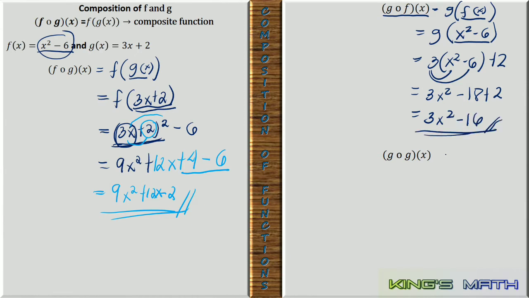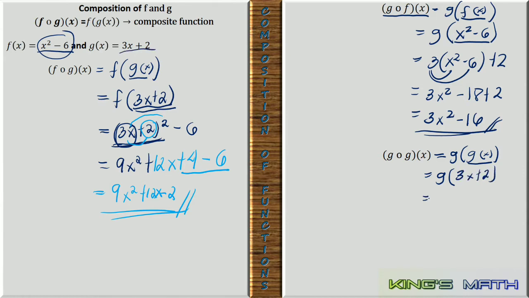Okay, next, we have here g circle g of x, wherein we're going to substitute the function to itself. First, we're going to rewrite this one as g of g of x. And then change this with its value, that is g of x here is, we have 3x plus 2.